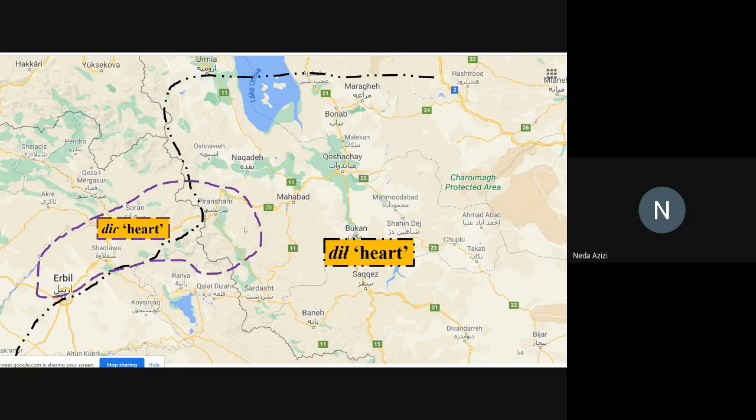For example, they would say dil or dir. So in this area, we hear this type of form a lot, but it is an archaic form, and mostly in villages people pronounce it. And this is the isogloss of dil. So far we have 3: dol, dir, dil.